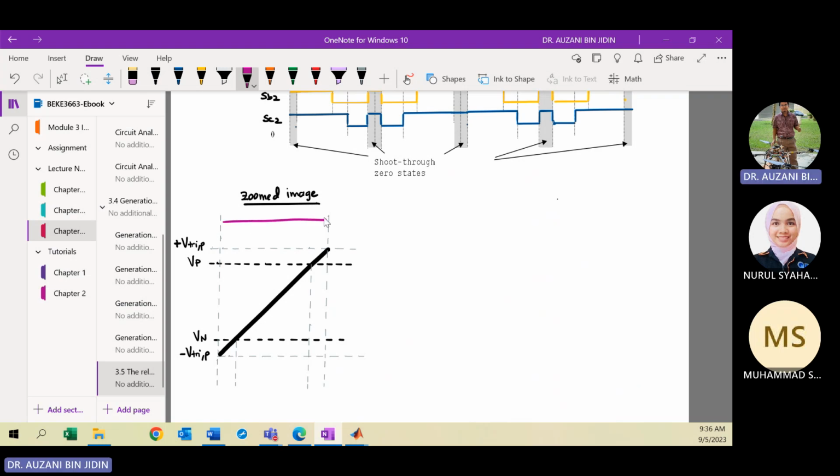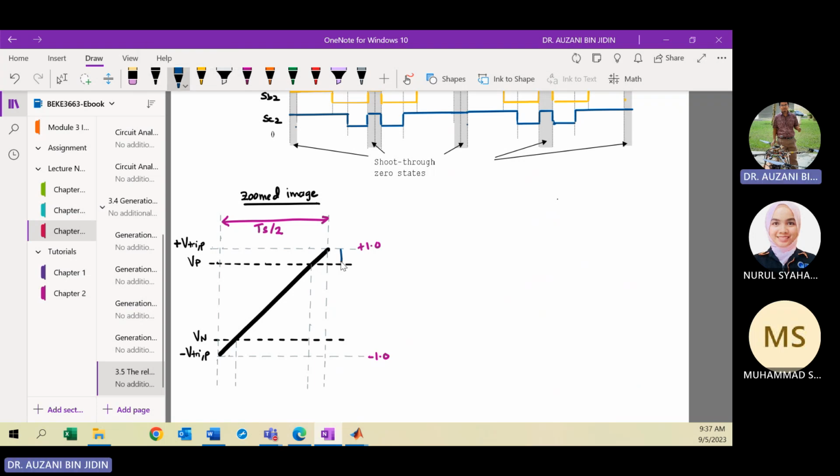So the time gap between these 2 points is what? TS divided by 2, or 0.5 multiplied by TS, where the value changes from -1 to +1, from minimum to maximum. Okay, so you need to sketch the VP and Vn. VP is positive, Vn is negative, same magnitude. Then you can label or indicate the time information here.